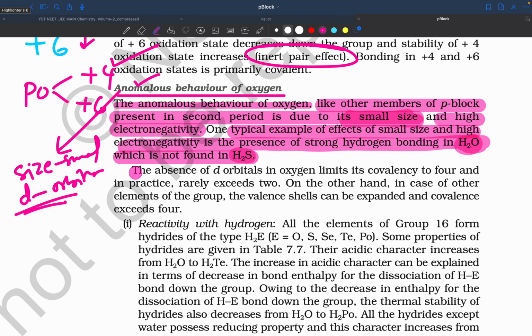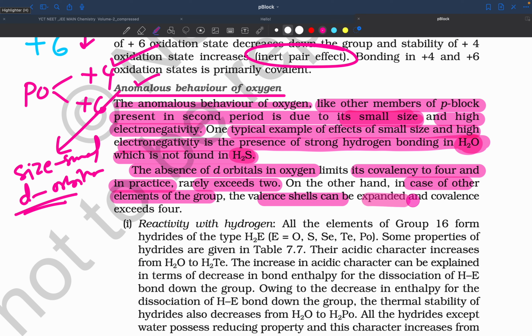The other reason is the absence of d orbitals in oxygen, which limits its covalency to 4 and in practice rarely exceeds 2. In the other elements of the group, the valence shell can be expanded to covalency up to 4 only. So these are the anomalous behaviors of oxygen.